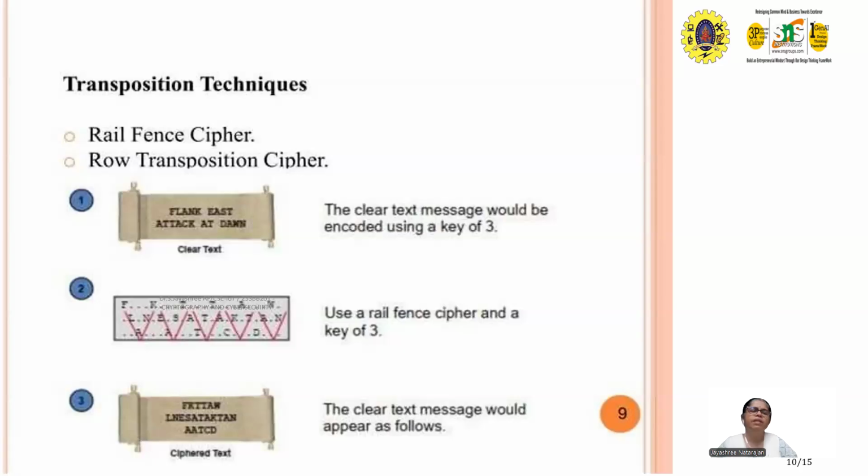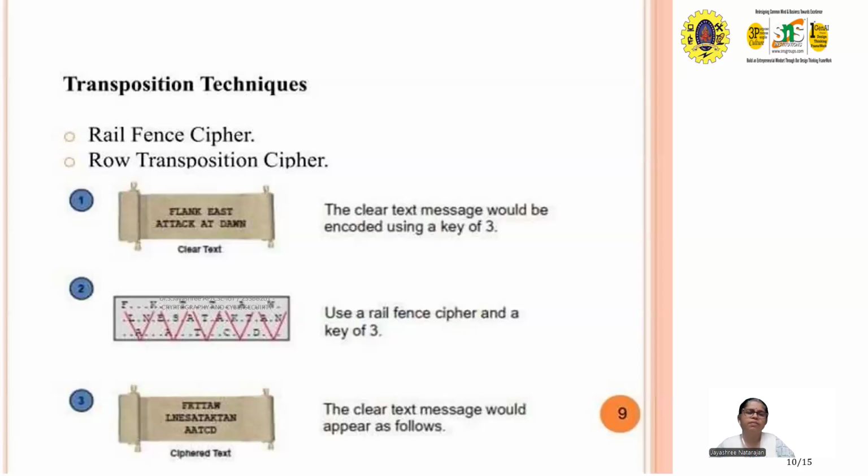Then we have to write the ciphertext and read it out, FKTTAN like that. This way, this technique we call the rail fence technique.